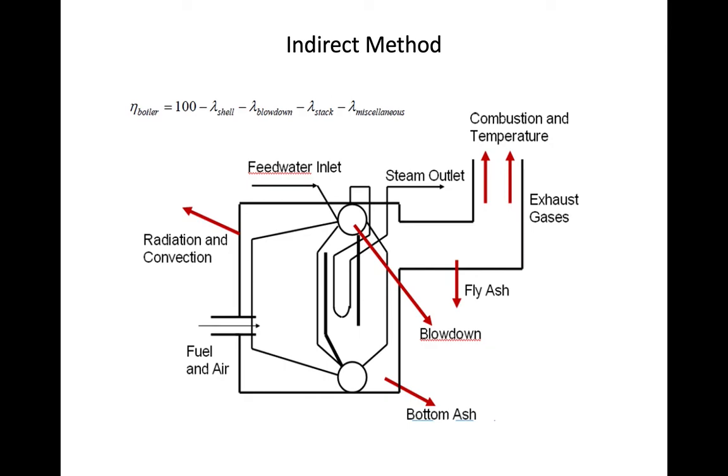So in this situation, when we have a problem with the flow meter of the fuel, we can use this method to calculate the boiler efficiency. We call this the indirect method. We just need to find how much energy is lost in shell, how much in blowdown, how much in stack, and other losses.